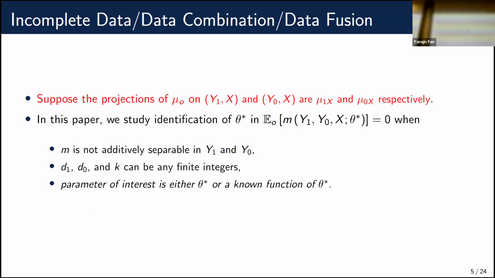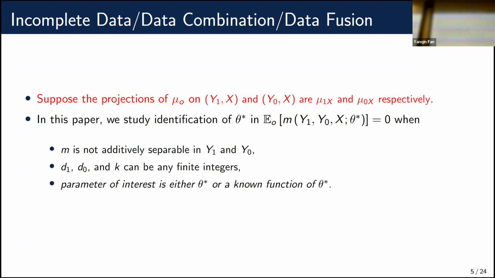So let me be more precise about the data structure and our assumption. We have two data sets. The first data set identifies mu1x, the joint measure on the distribution between y1 and x. And the second data set identifies mu0x, the joint measure on the distribution between y0 and x. Now, of course, we have to link these two identified measures to the true measure mu0, and that's our assumption here.